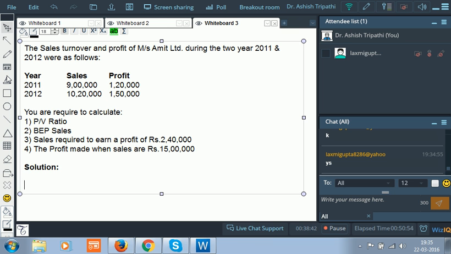First we have to calculate PV ratio. Now the formula for PV ratio is contribution upon sales into 100, but if you see the question, contribution is not there. आप क्वेश्चन देखो, क्वेश्चन में you will not get contribution. You have sales but you don't have contribution. और contribution जब तक नहीं मिलेगा तभी तक हम लोग PV ratio calculate नहीं कर सकते. Then how to calculate PV ratio?